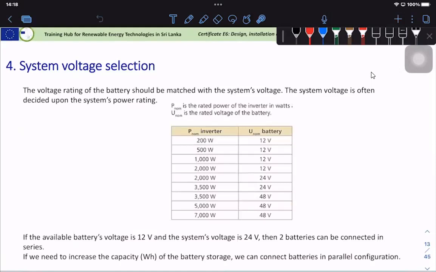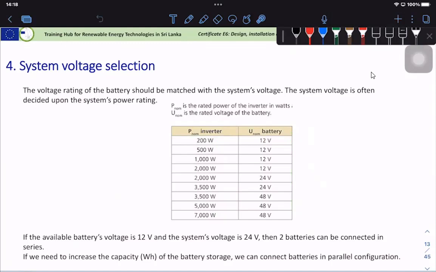And another parameter we have seen in that equation is the system voltage selection. So in this chart, you can see for nominal power of the inverter for particular power values, the nominal voltage of the battery.